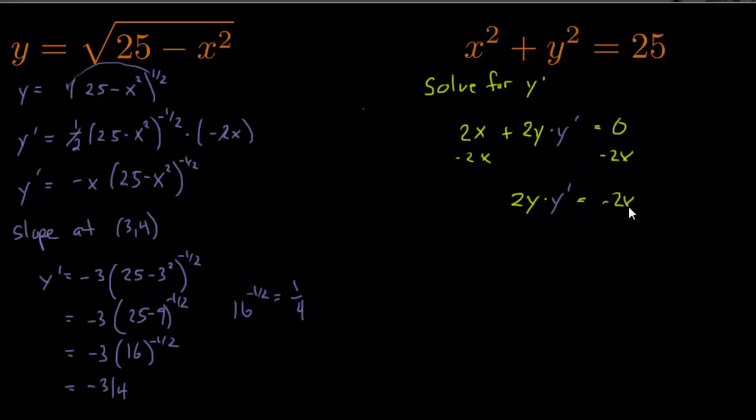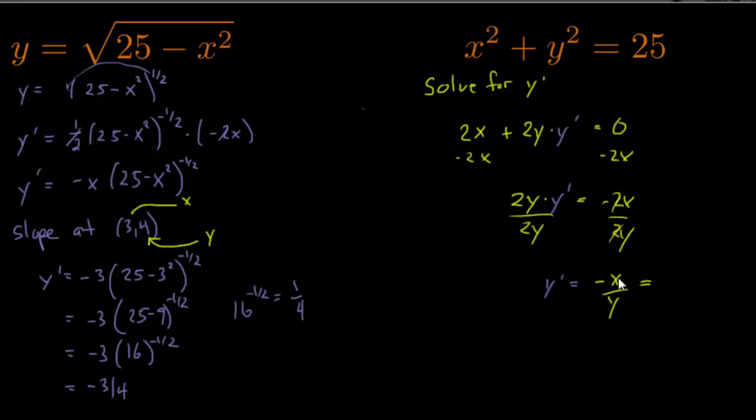All right, negative 2x, and then I'm going to divide both sides by 2y. And that's going to leave me y prime equals, and notice that the 2's cancel and you're going to get negative x over y. Well, remember, what was x? X was 3 and y was 4.